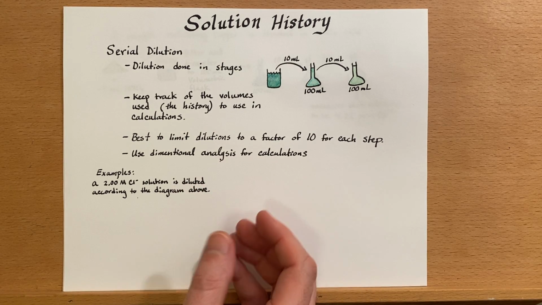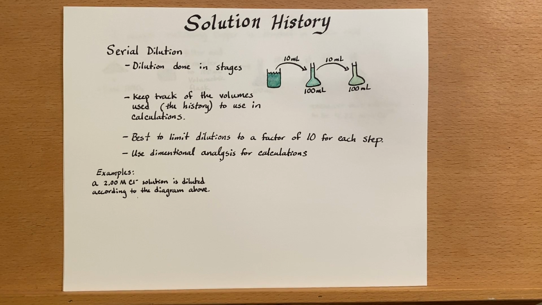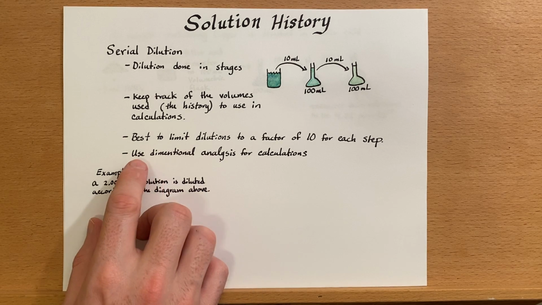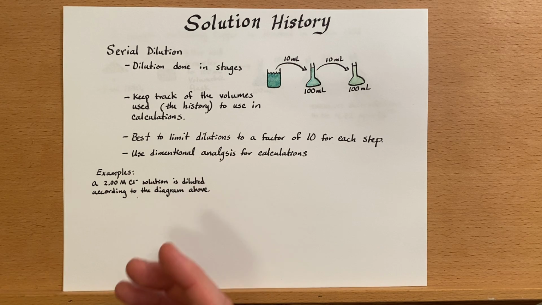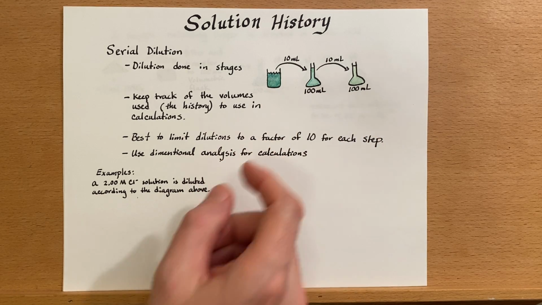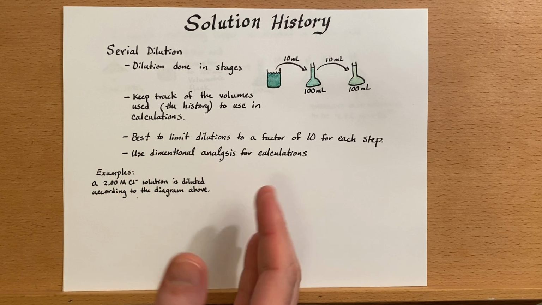Now, you may perform dilution calculations using the formula M1 V1 equals M2 V2, and I've done that before too, but I find that actually using a dimensional analysis for the calculations is often better. And one of the ways that you can see this is better is when we do multiple dilutions, we can do it all in one dimensional analysis problem.